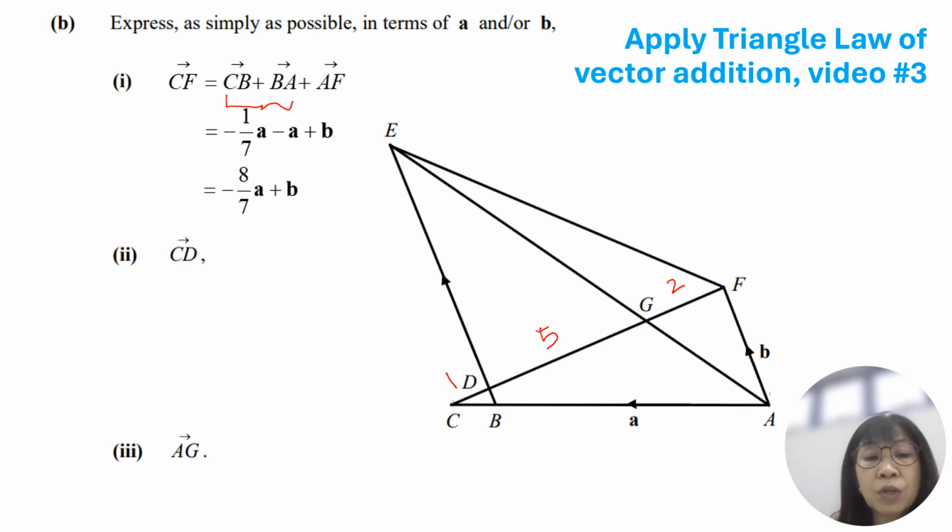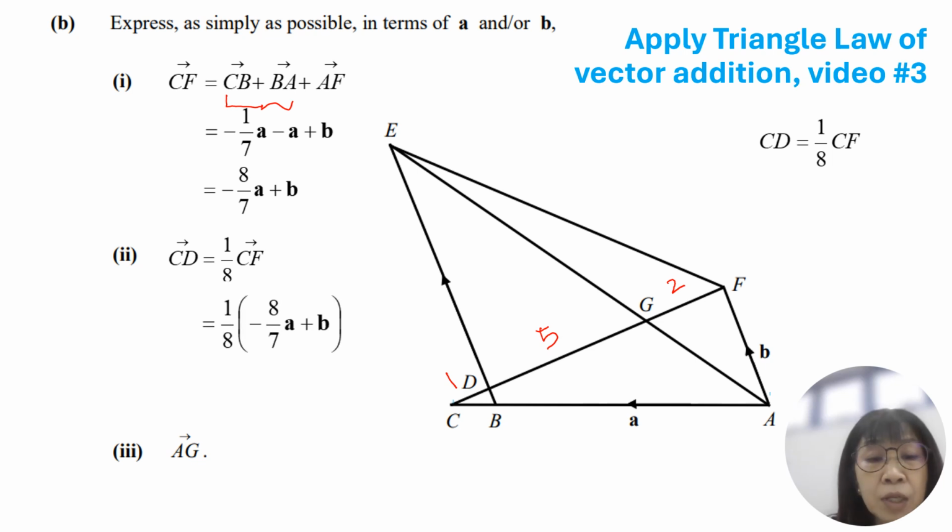Based on this ratio, CD is equal to 1 over 8 of CF. So putting all this together, CF we already have, so I substitute CF into the expression and simplify the equation. I can easily get the vector for CD.